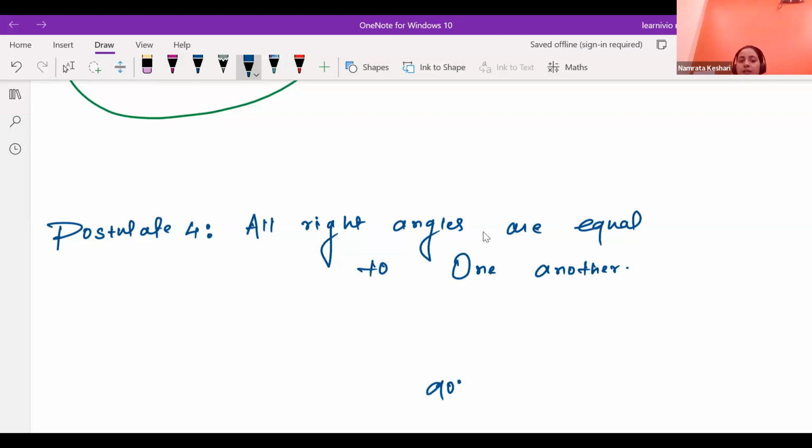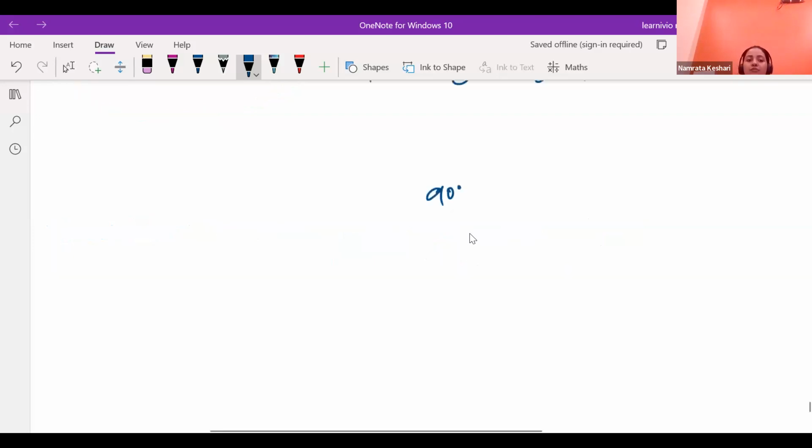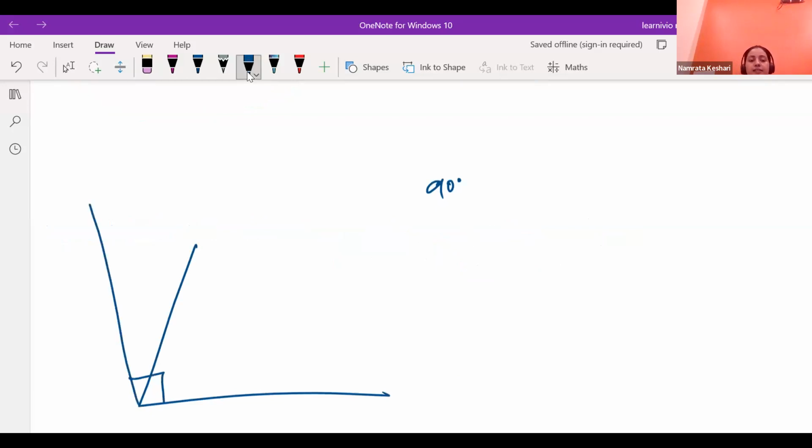Yes, ma'am. Okay. So if you are having a right angle over here, let's say this is A, B, C, D. So you can see we have maintained right angle. Angle B is right angle, and the proper name is angle ABD is right angle.